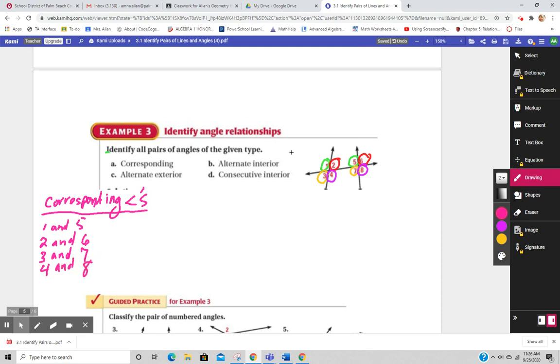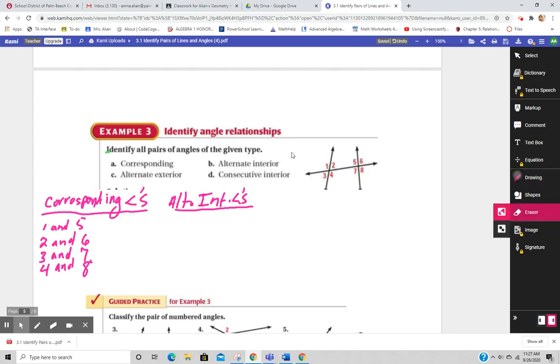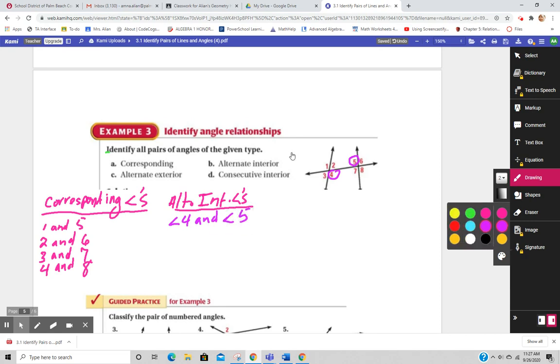Okay, now let's do alternate interior angles. I'm going to abbreviate here. Alternate interior, that would be 4 and 5, or 5 and 4, however you want to say it. And 2 and 7.